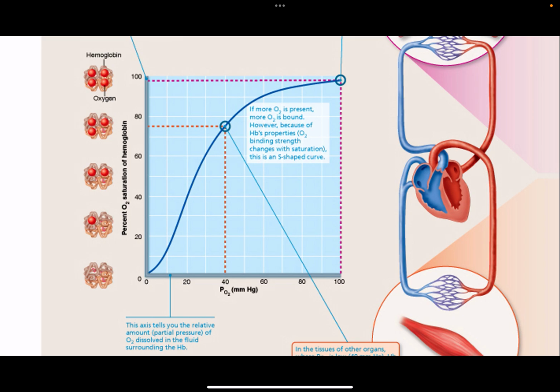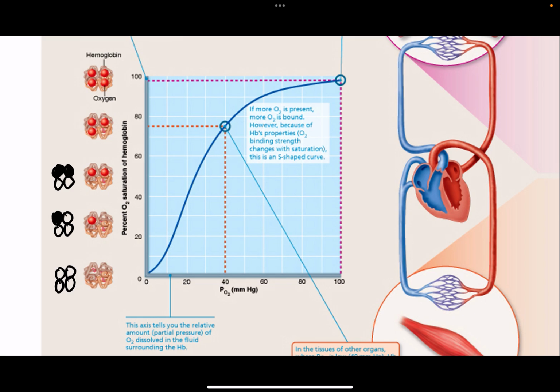So at 25% saturation, and usually when I draw this, at 0 would be 4 empty hemoglobin spots. At 25%, what that means is on average, each hemoglobin is only holding 1 oxygen. At 50% saturation, that means on average, each hemoglobin in the body, in the red blood cells, is holding about 2 oxygen molecules.